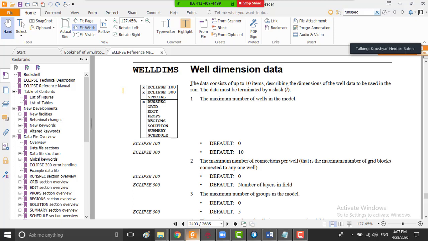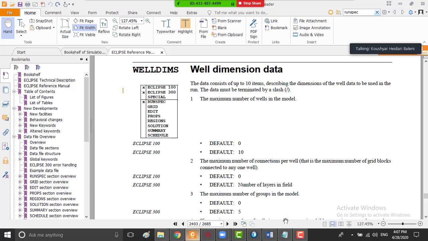It says the data consists of up to 10 items, describing the dimensions of the well data to be used in the run. The data must be terminated by a slash.